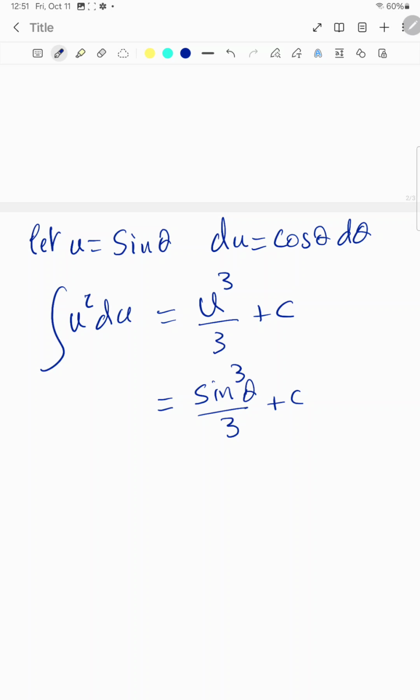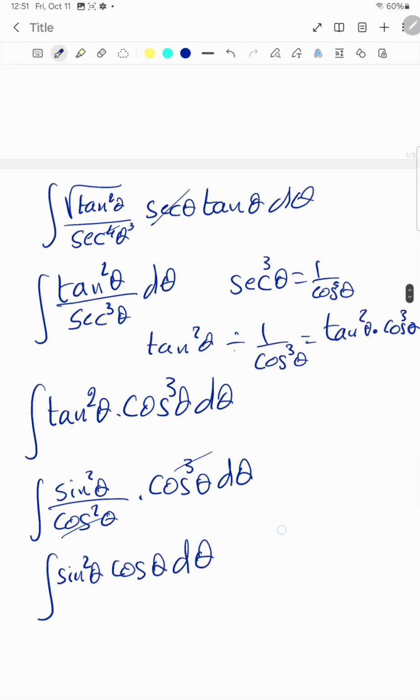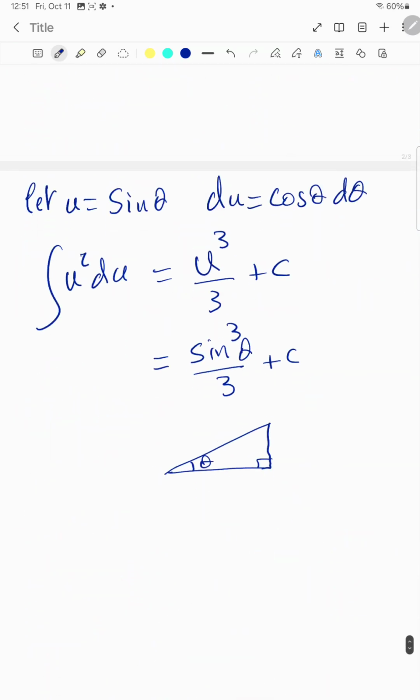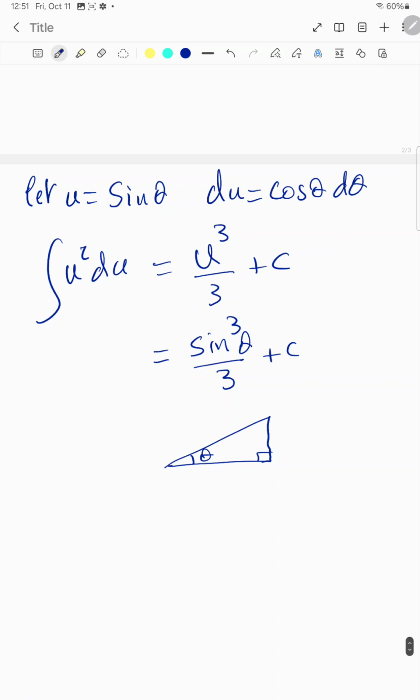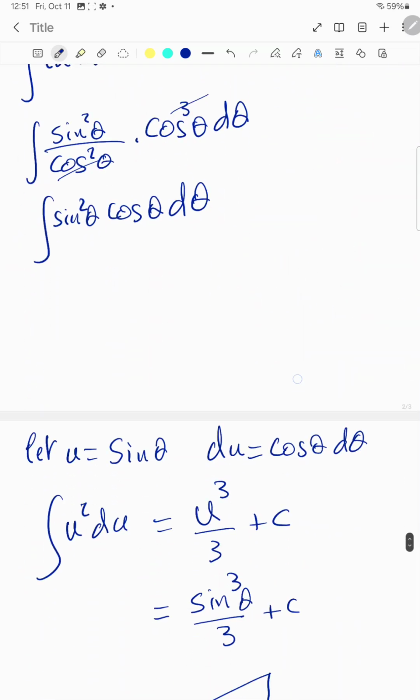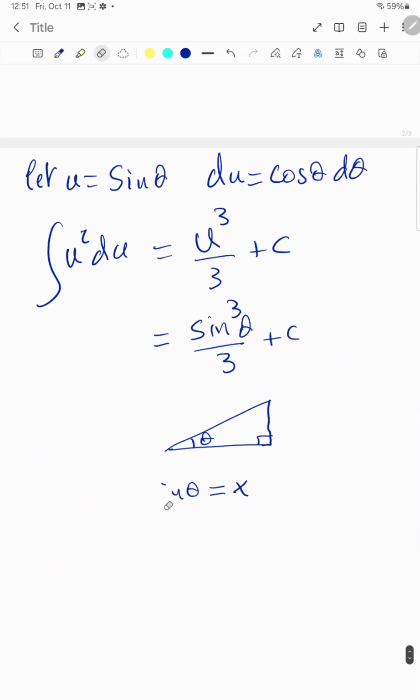So now I have to find what sine to the power of 3 of theta is. So I will draw my famous triangle, and this is my theta. I said let x equal sec of theta, so I want to see where I should put x on my triangle. So sec of theta is equal to x.